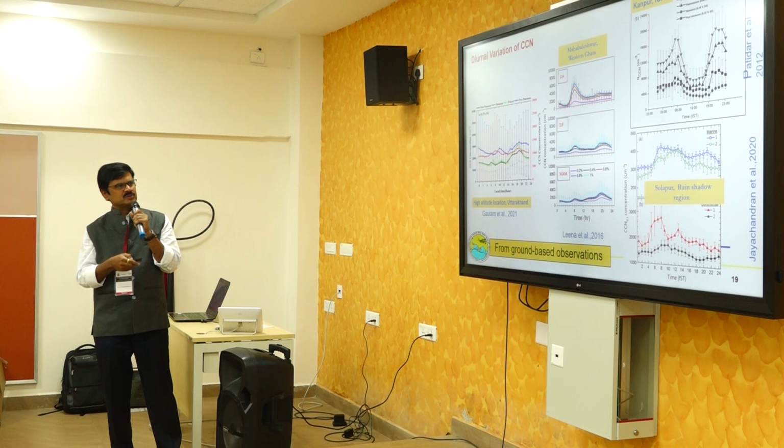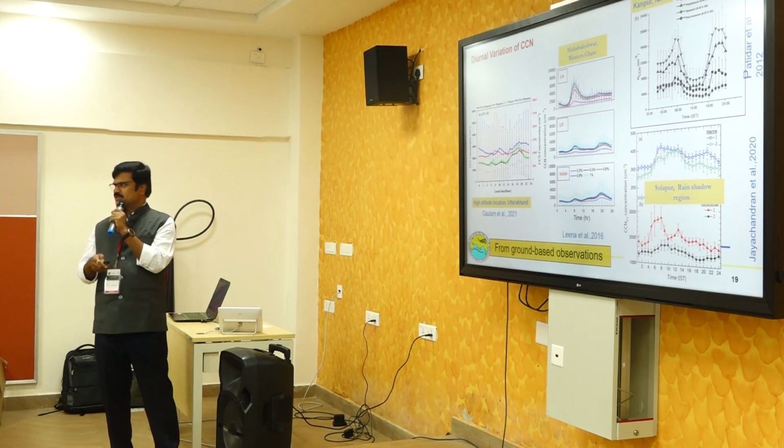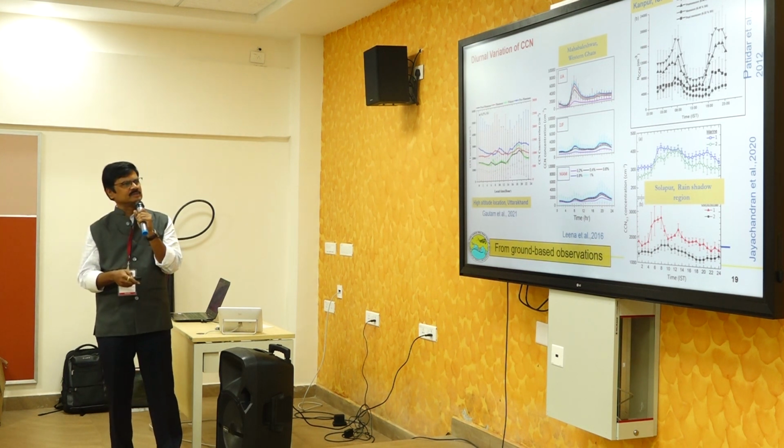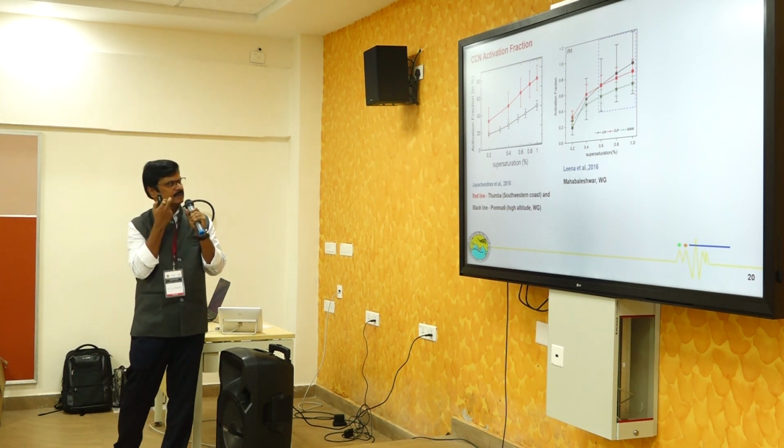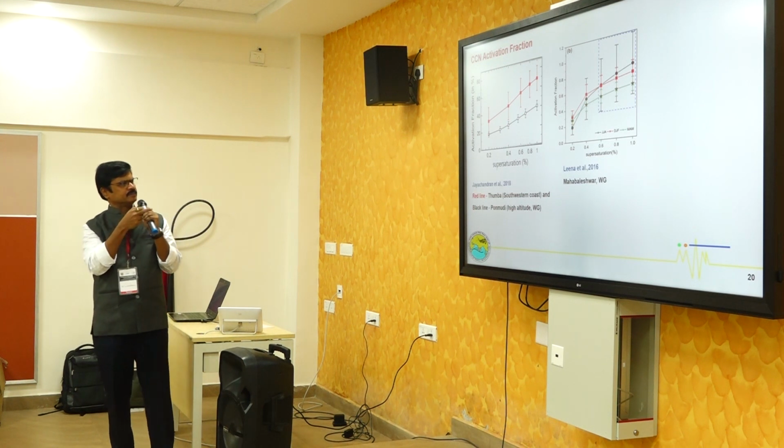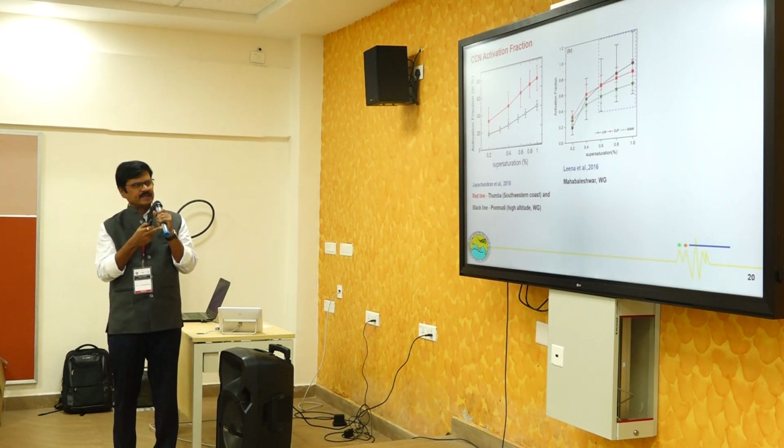IITM also has an observatory in the rain shadow region in Solapur, so they also make measurements there. And this is the CCN activation fraction in different regions. What I'm showing here is Mahabaleshwar, Thumba and Ponmudi, where IAST makes measurements.